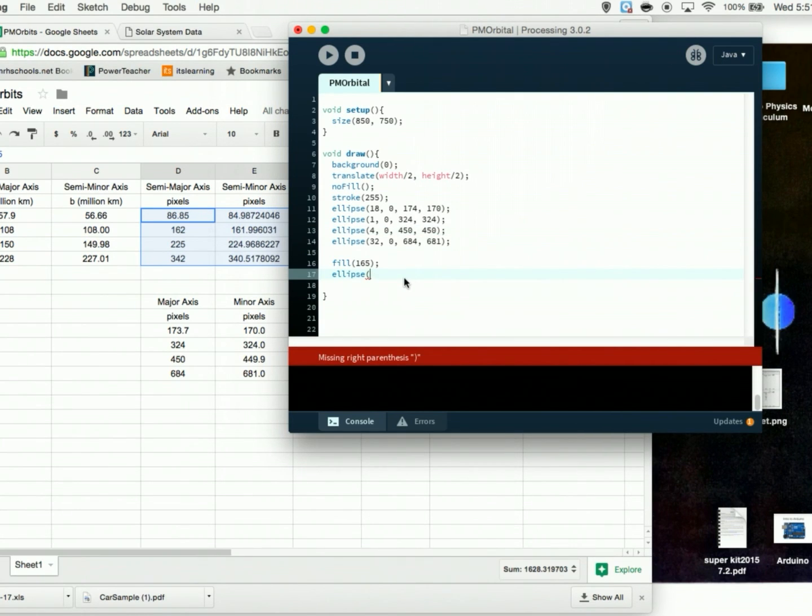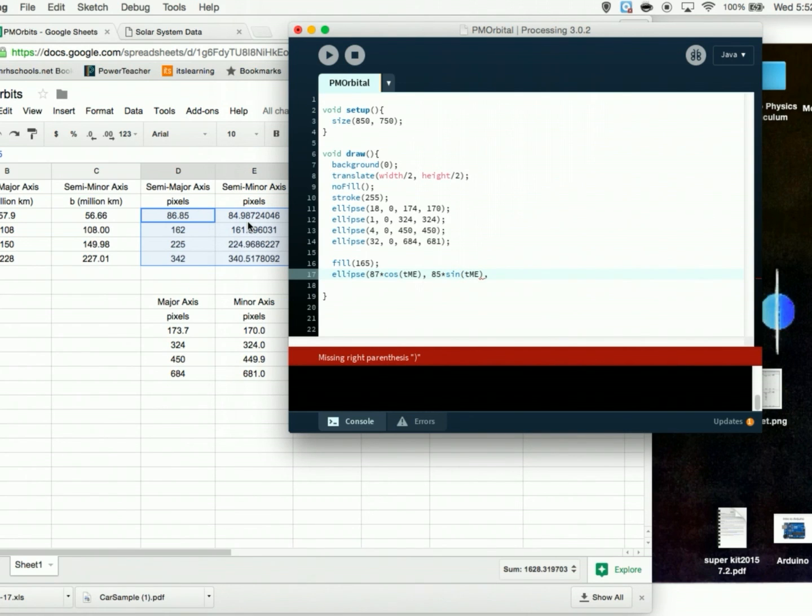So what we will do is 87 times cosine of t, but we're going to do t me for Mercury. And then we want to do 85 times sine of TME.